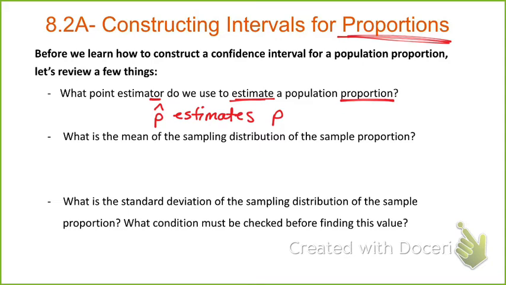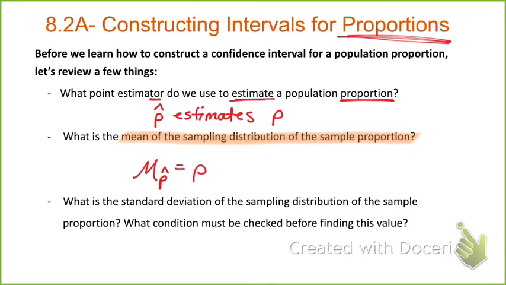Now, we're going to go back to our chapter 7 days. What was the mean of the sampling distribution of the sample proportion? I just asked you guys, what is the mean of P hat? There was a, quote, formula for this. What is the mean of P hat? It was just P. The mean of P hat was literally just P.